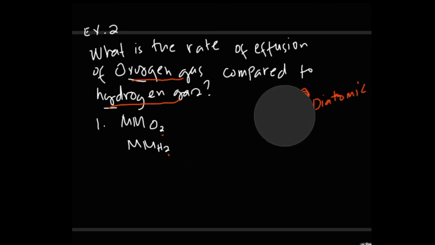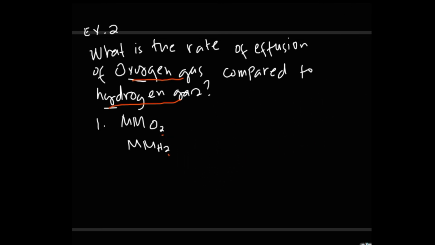Let me just erase this. So, the atomic weight of oxygen is 16 times 2 because there are 2 atoms in an oxygen gas. That gives us 32. And for hydrogen, the atomic mass of hydrogen is 1, and also there are 2, so it is 2.